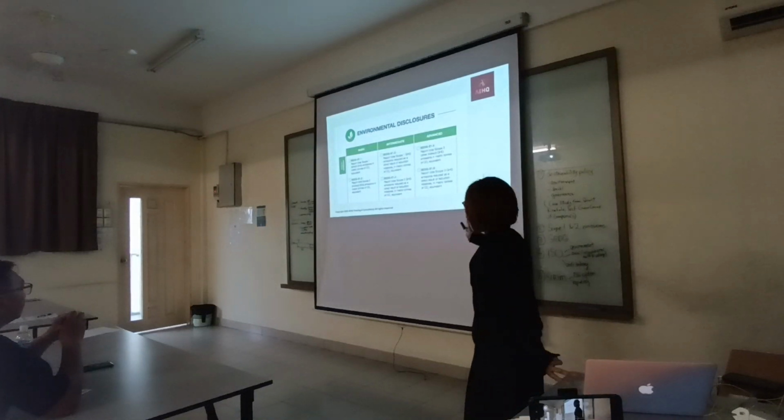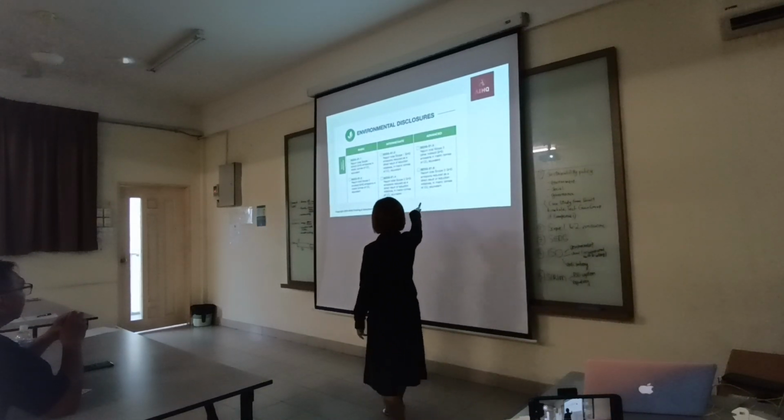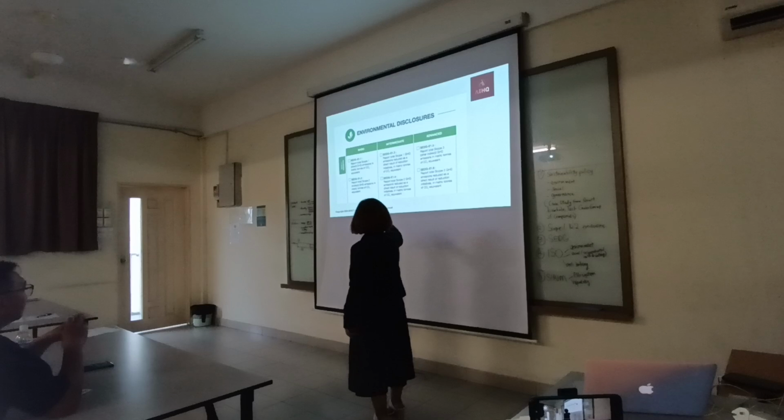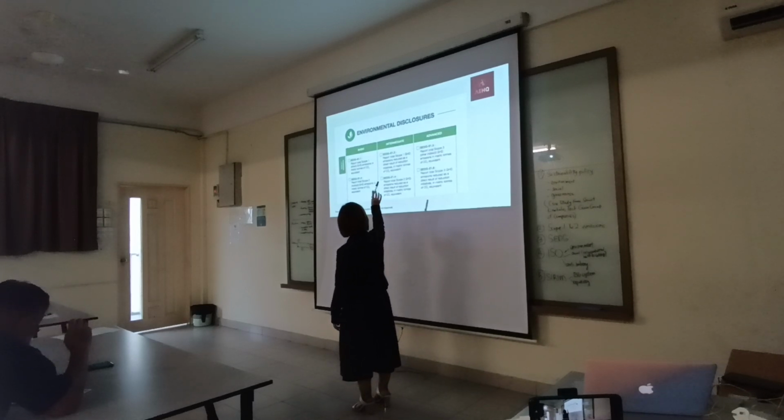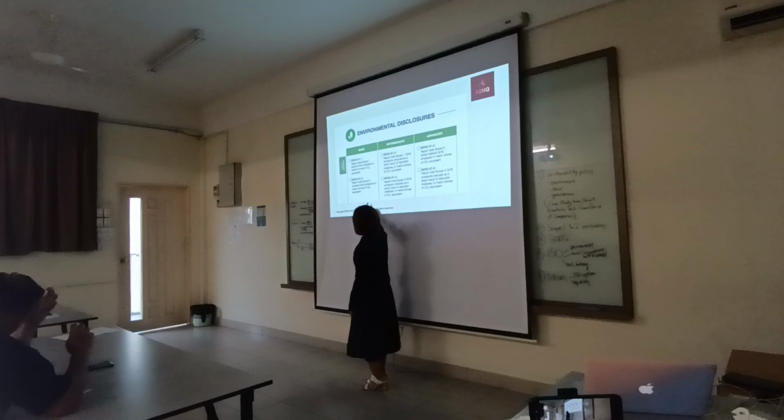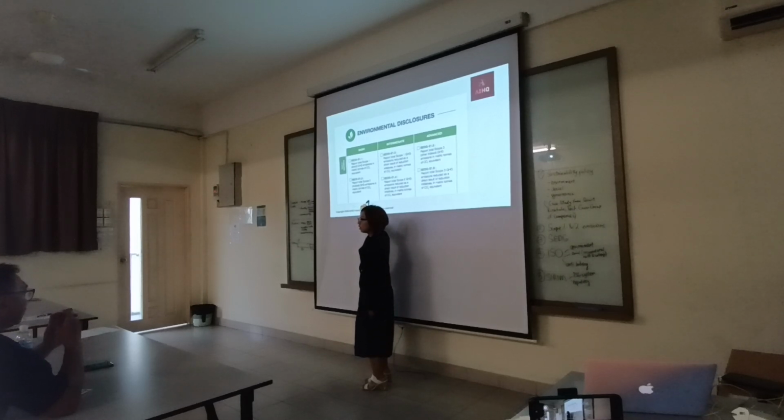So basically, when you download this PDF, you can see what kind of environmental indicators you have already done, for example emission, whether you have already reached the basic level or whether you have not reached the basic level yet.